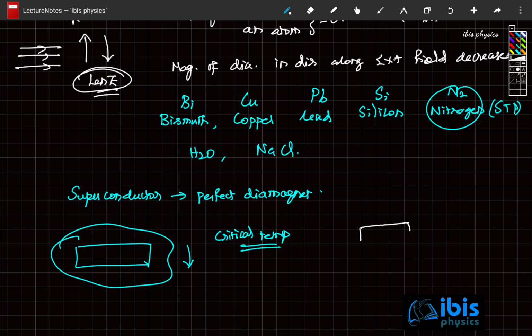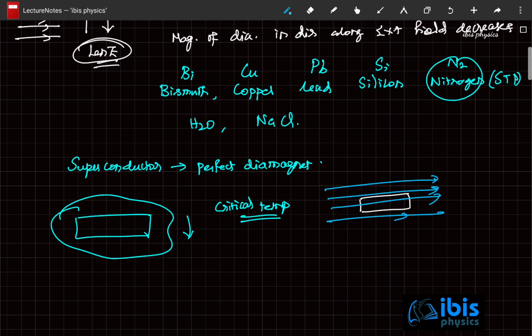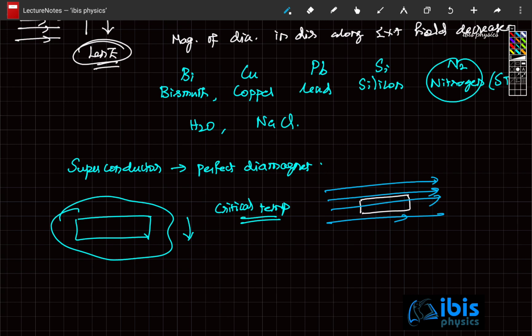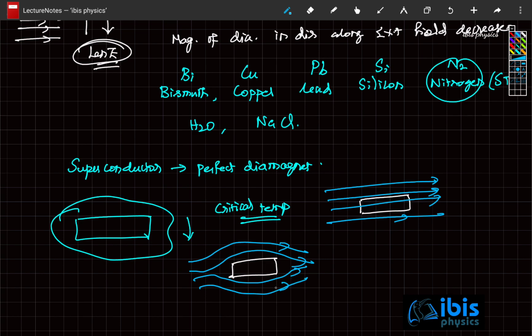Let us have this. This is a normal conductor, and above the critical temperature, let us say lines of force are going like this, and the moment the temperature is below the critical temperature, it becomes a perfect diamagnet. Almost no lines of force will be going through this material because it is a superconductor.